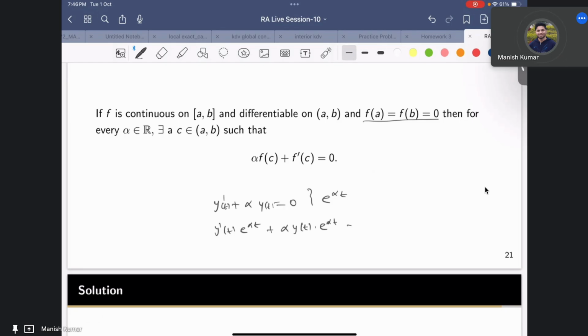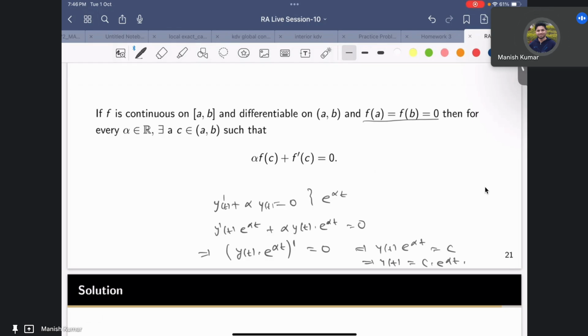Now you see that this is nothing but the derivative of y(t) e^(alpha t), which is equal to 0, right? Then y(t) e^(alpha t) is constant, so you get y(t) = c e^(-alpha t). This is how you solve this ODE.